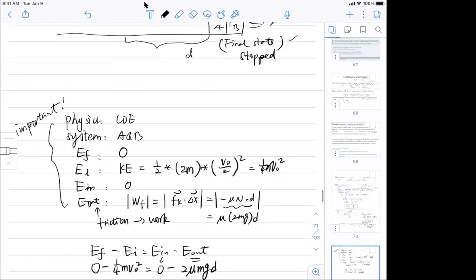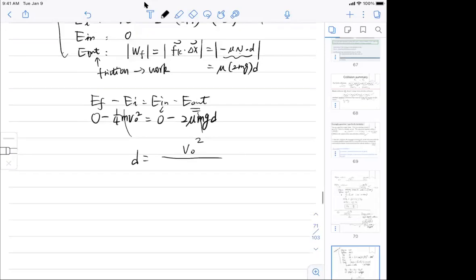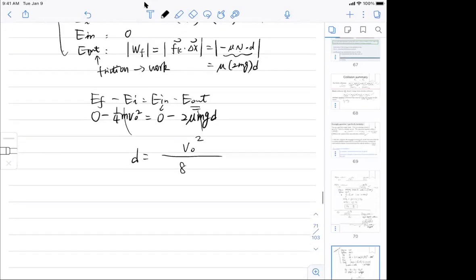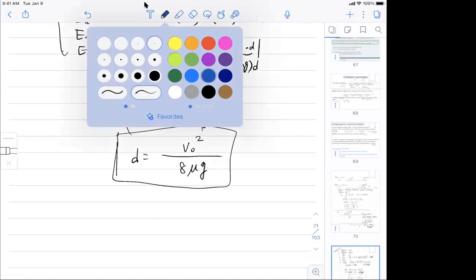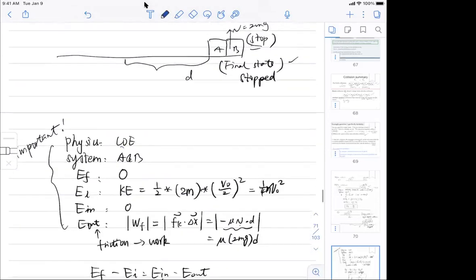Okay, so d is going to be v naught squared over m, and m cancels, as you can see, over 8 mu g. That's your final result.